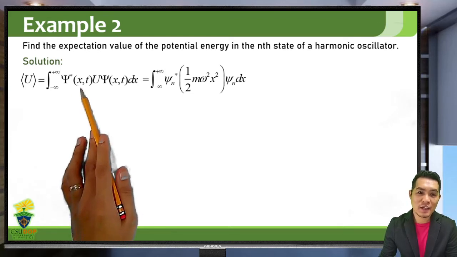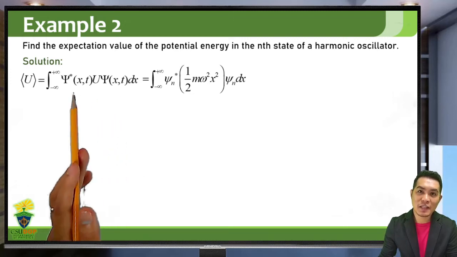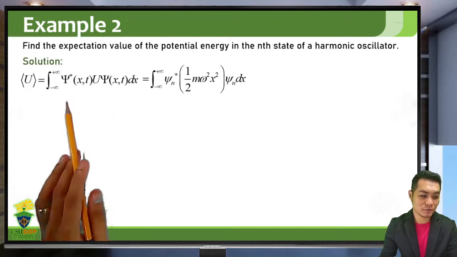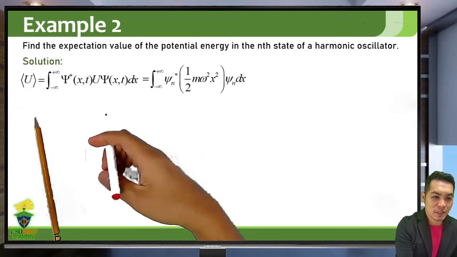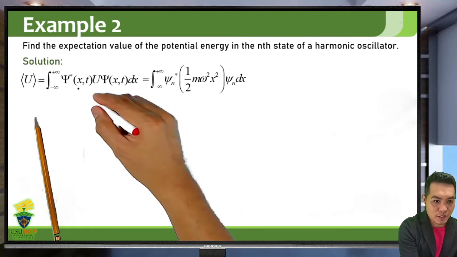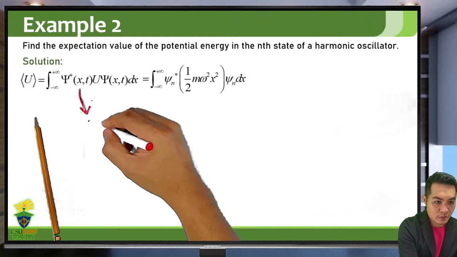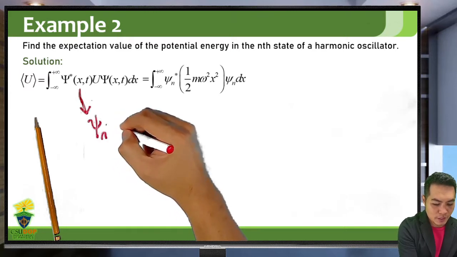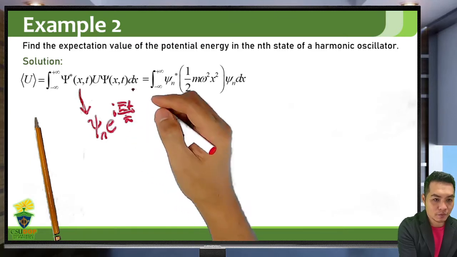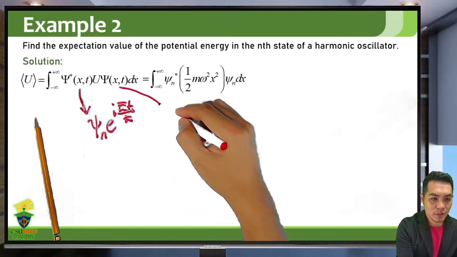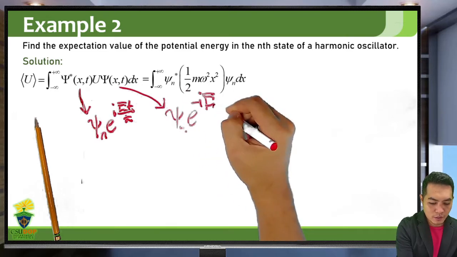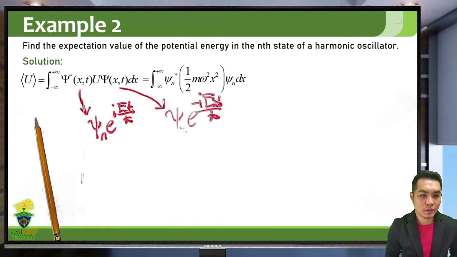So you have psi n e to the negative i E n t over h bar. The conjugate of that is e to the positive i E n t over h bar. So this term is psi n e to the positive i E n t over h bar, and this term here is psi n e to the negative i E n t over h bar.